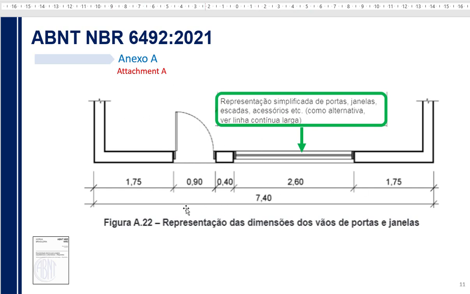For the measurements that appear here, we use a thickness different from the other items. For walls we use a wide line, and for measurements we use a thinner line.